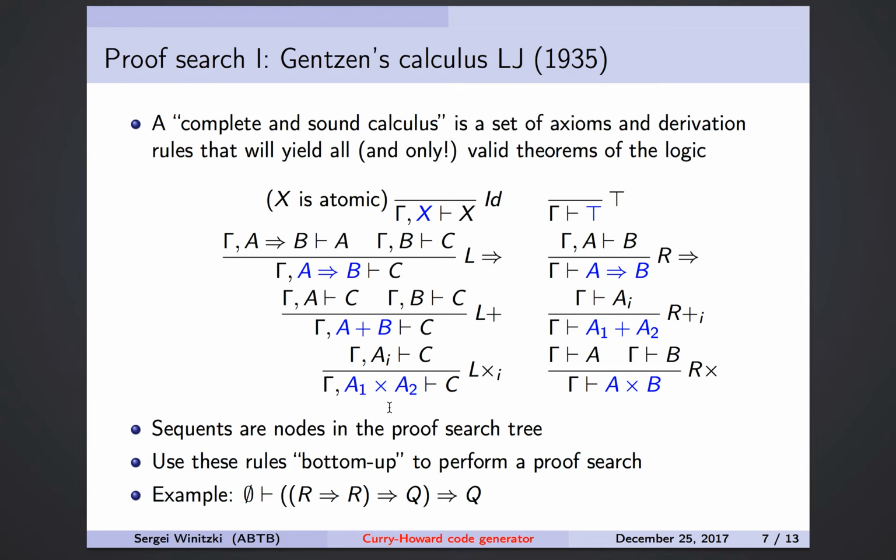So the premises that you have become your function arguments, and the goal becomes the type of the return value. So if we wanted to implement a function that has no arguments and returns this type, that would be the sequent.